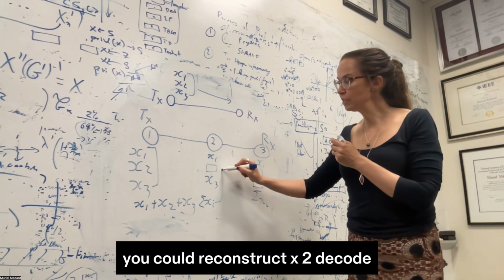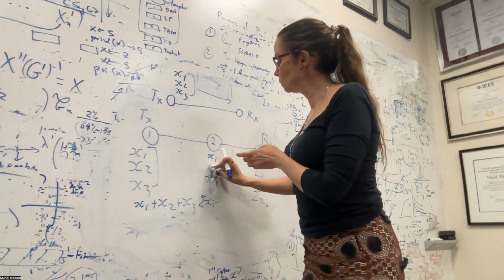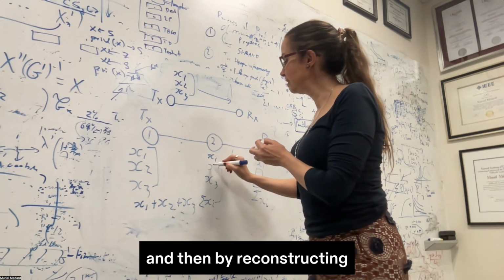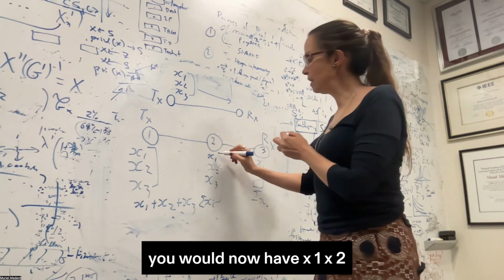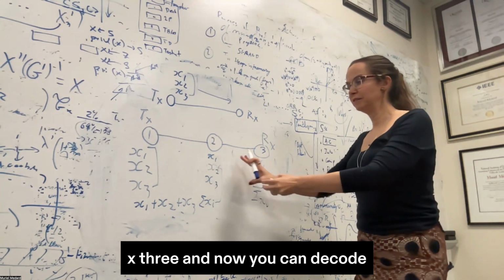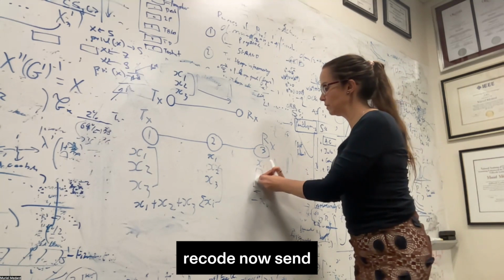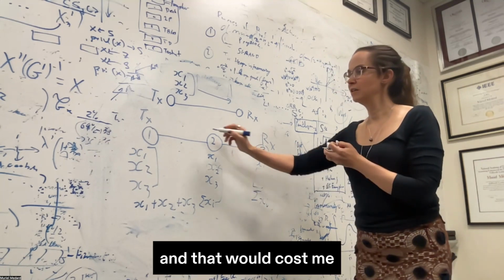You could reconstruct x2, decode, and by reconstructing, you would now have x1, x2, x3, and now you can decode, recode, and send.